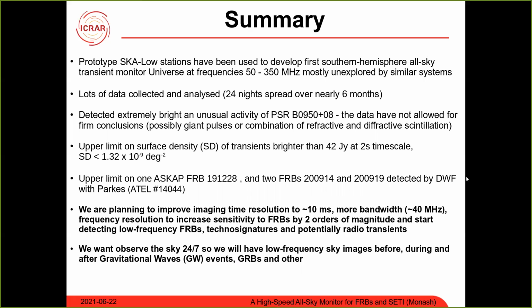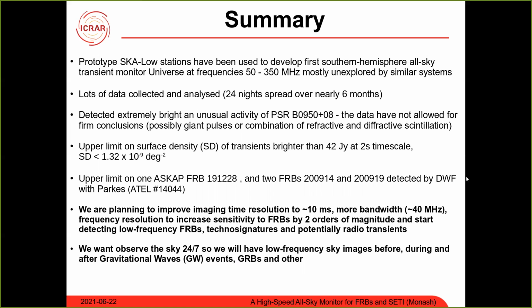Unfortunately, we didn't detect any FRBs so far, but now we are planning to increase the sensitivity of the system by 2 orders of magnitude and start detecting FRBs ourselves and potentially Technosignatures. This will be done by going to higher time resolution imaging of the order of 10 milliseconds and increasing the observing bandwidth by 40 times to about 40 megahertz.